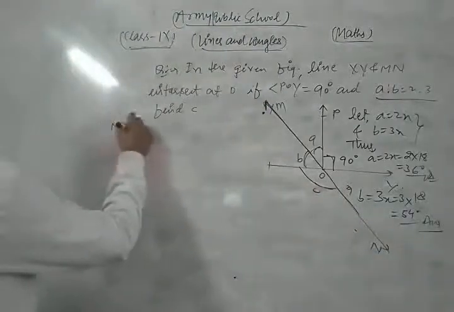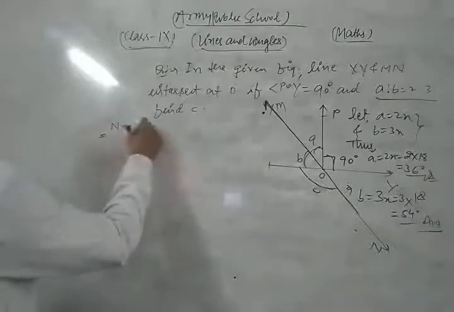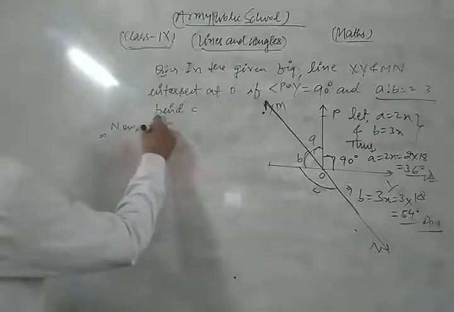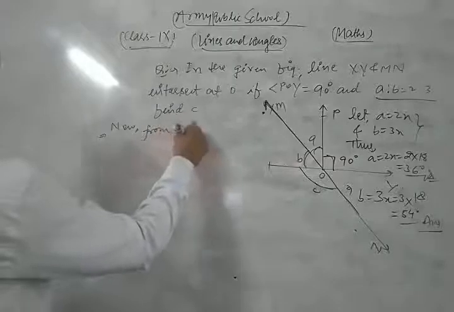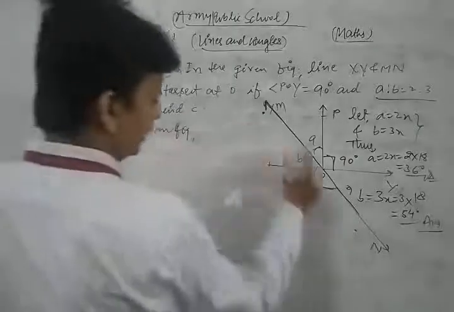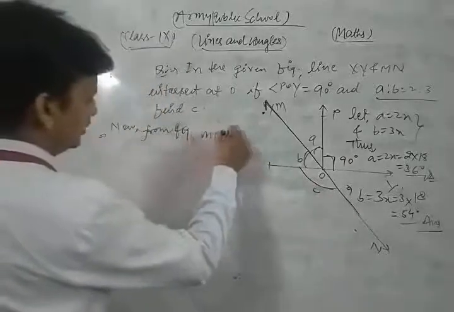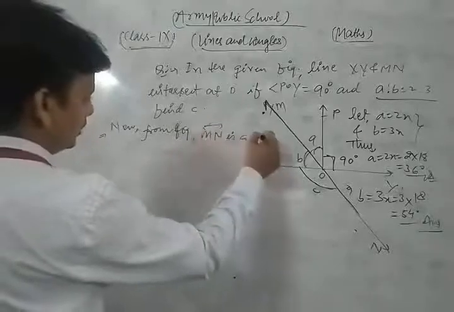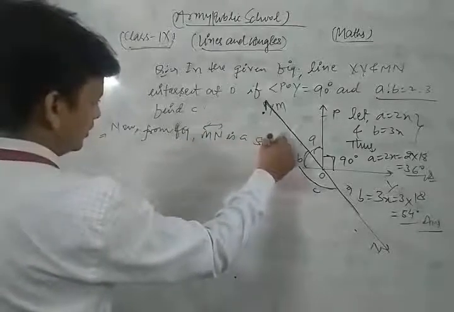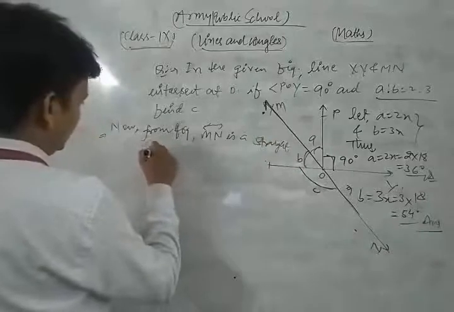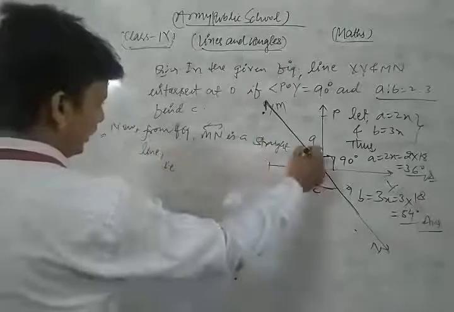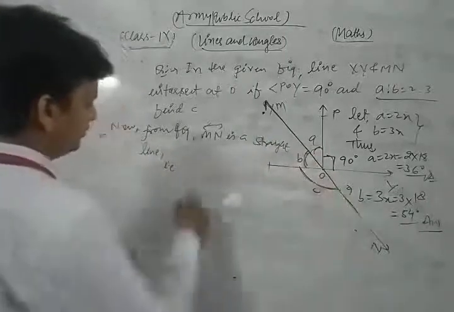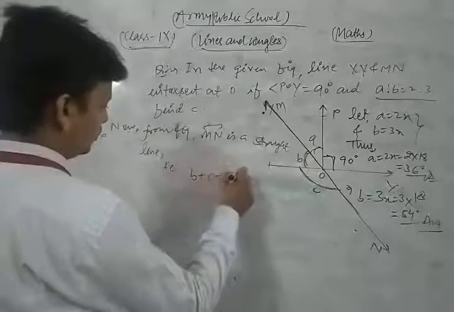From the figure, MN is a straight line now. That is, angle B plus angle C is equal to 180. B plus C is equal to 180.